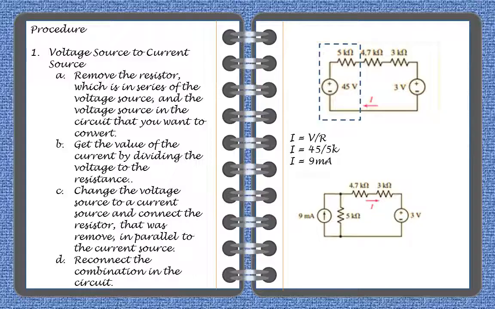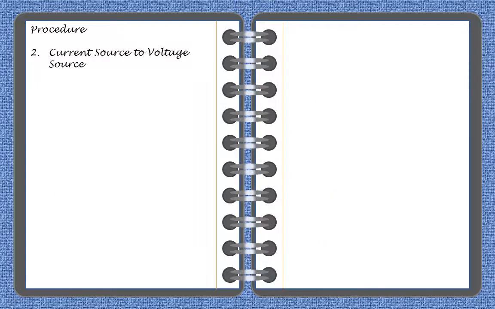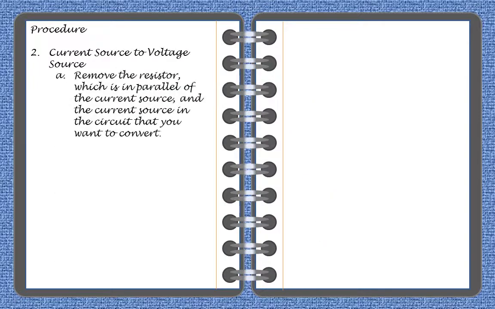Now what if we want to change or transform the current source into a voltage source? In transforming it, same as before, first we remove the resistor which is in parallel with the current source, and the current source in the circuit that you want to convert.